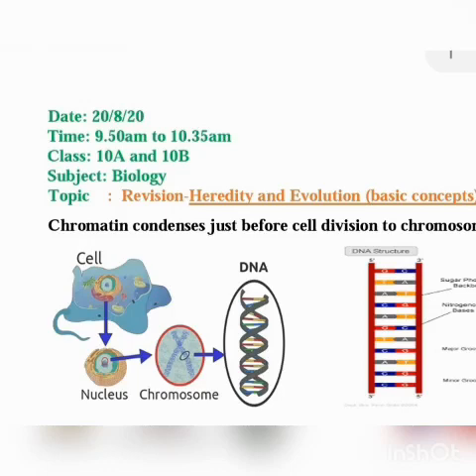Meiosis takes place only in the reproductive organs. Certain cells called germ cells are present in the reproductive organs, and these cells are diploid, but they undergo one type of division called meiosis. The germ cells divide and form 4 cells.